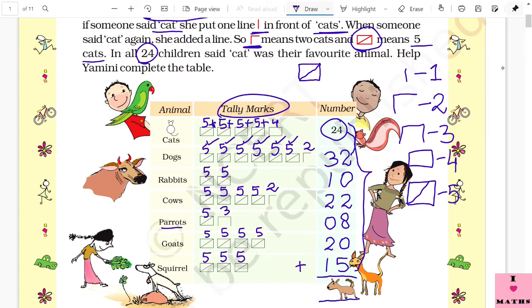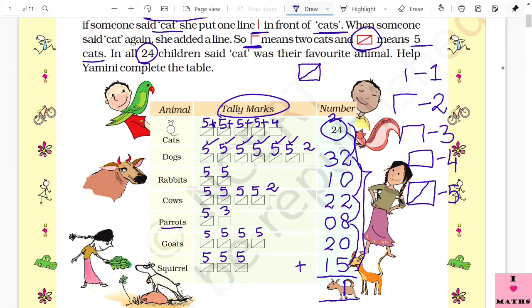Now 4 plus 2 is 6. 6 plus 2 is 8. 8 plus 8 is 16. 16 plus 5 is 21. 16 and 4, 20 and 1, 21. So 1 here and 2 carry over.